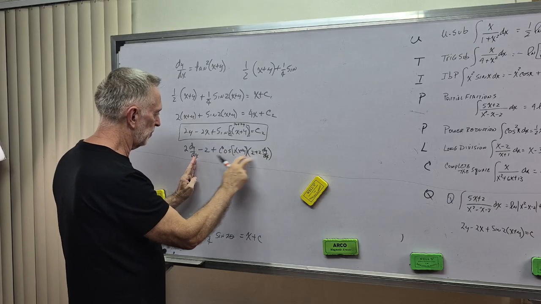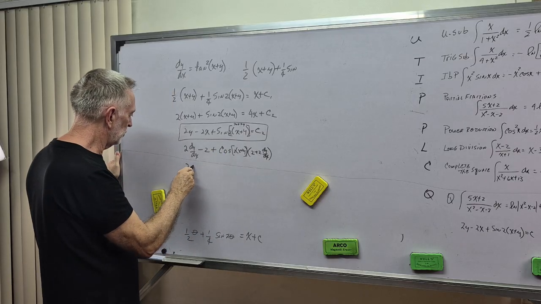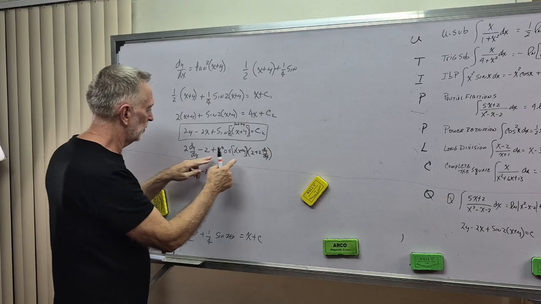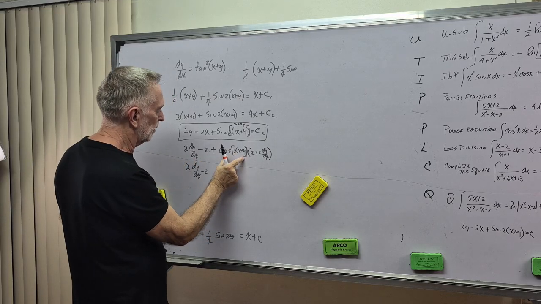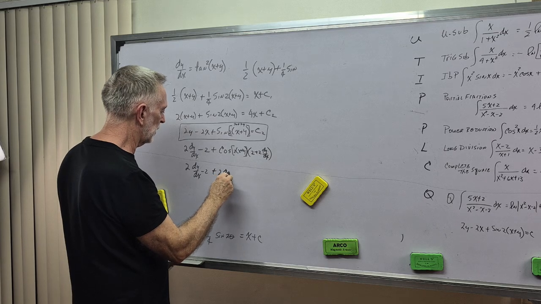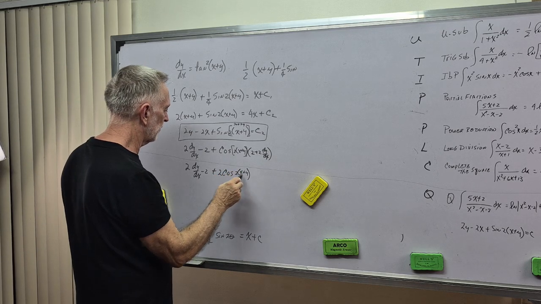Actually, I need to distribute this. Let me do that. 2 dy/dx minus 2. Now, cosine of that angle times 2 would be plus 2 cosine(2x plus y).